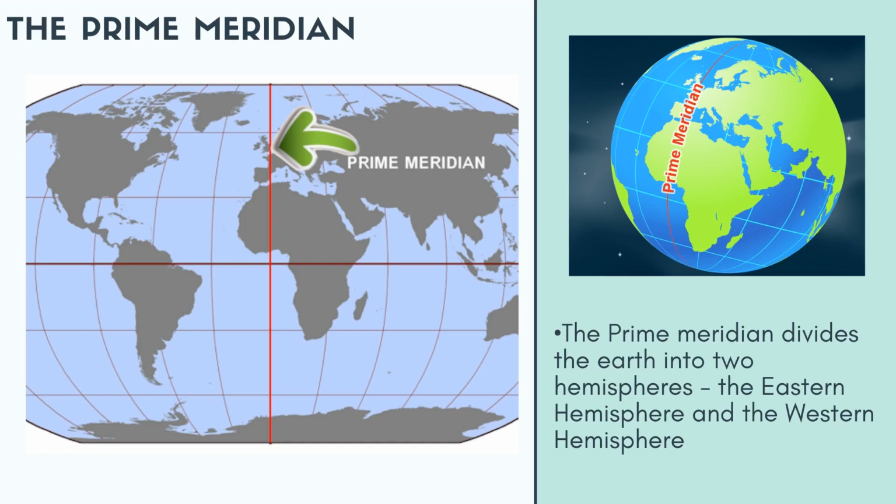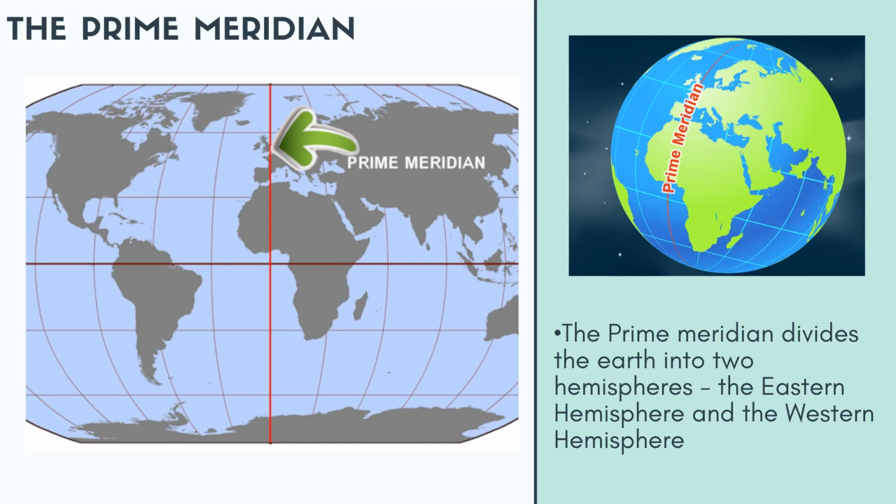The prime meridian is marked as 0 degrees. This meridian passes through the Royal Observatory of Greenwich, near London. It is taken as the starting point of longitudes.